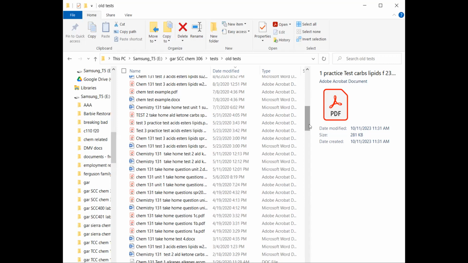This one was more of an aldehyde, ketone, carb focus. I want to make sure we give equal time to the carboxylic acid, esters, and lipid side as well. I think the carb side is a little trickier, probably a 60-40 against the esters and lipids subunit.